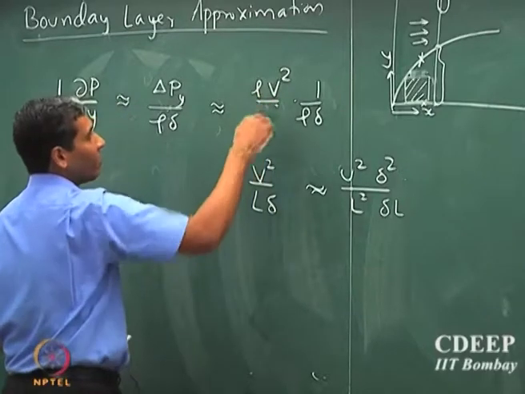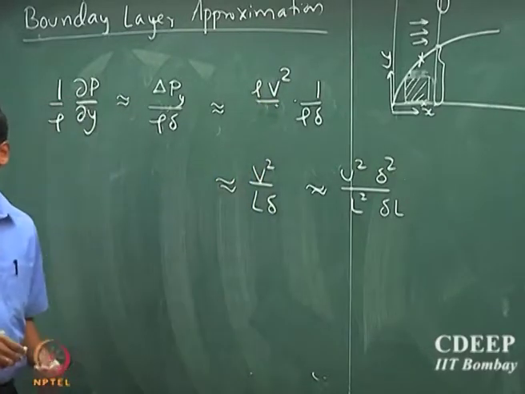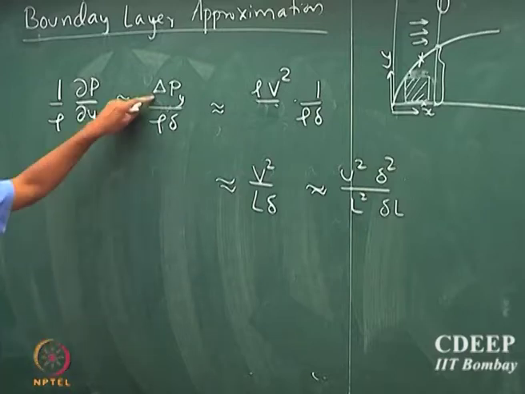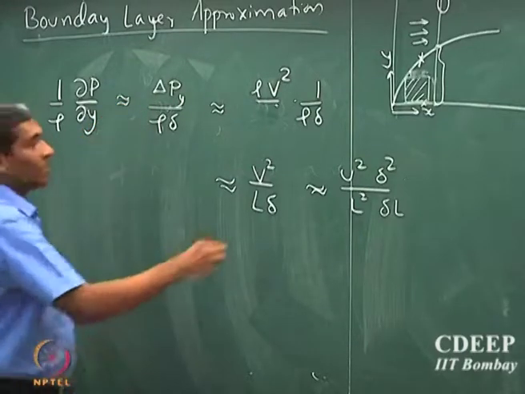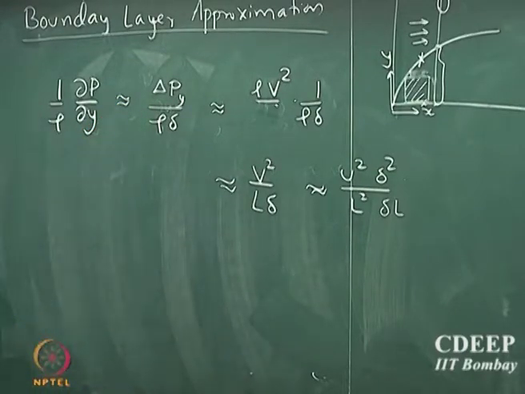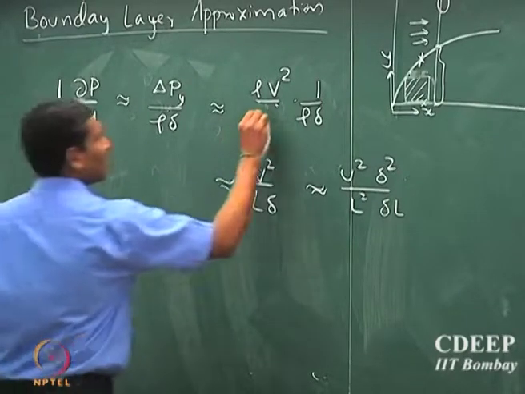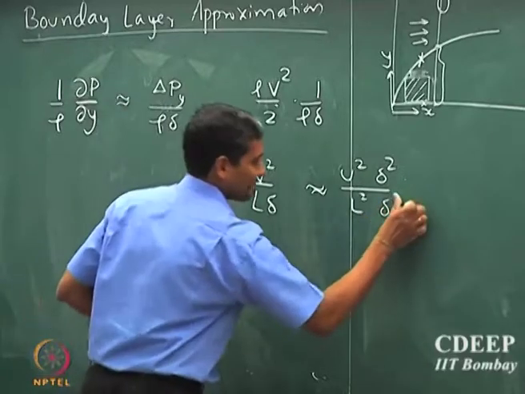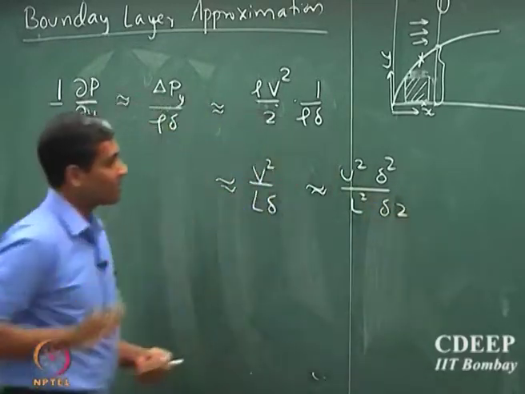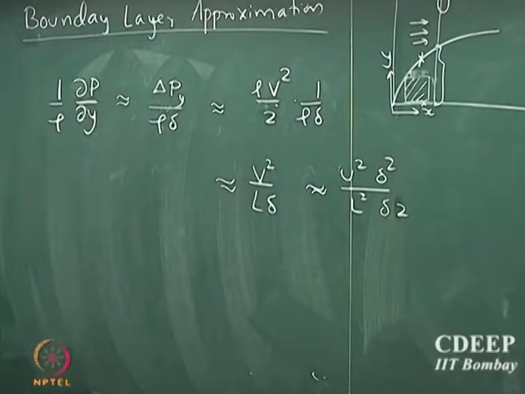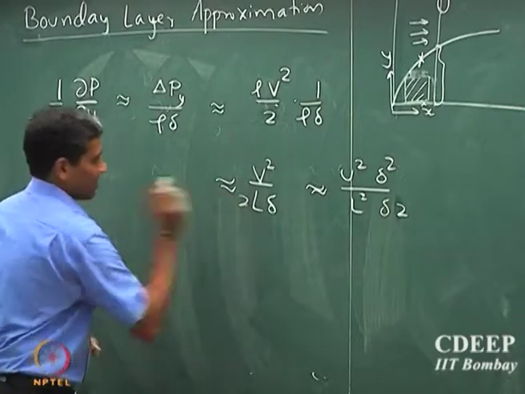So this should be: delta P scales as rho V square by 2, correct, right. So that scales as rho V square by 2, okay.